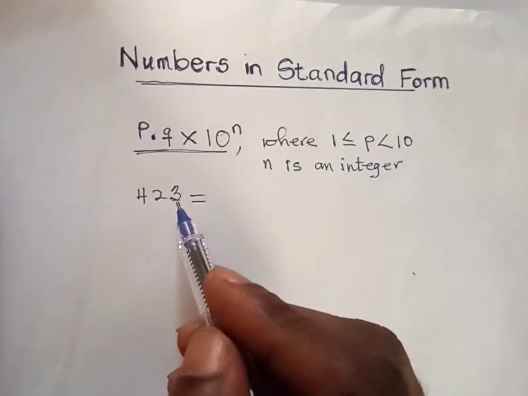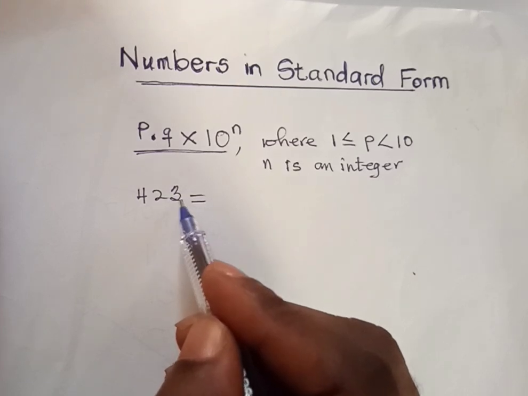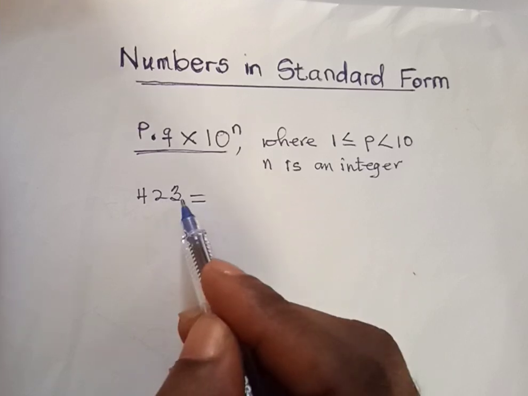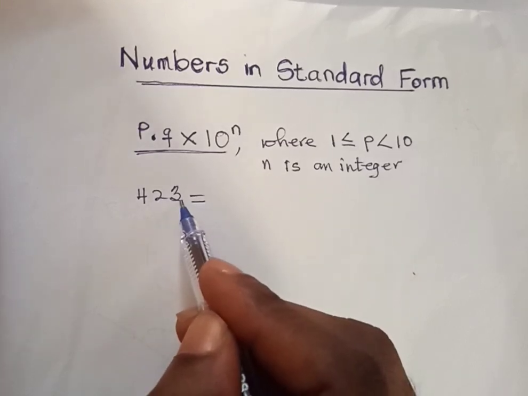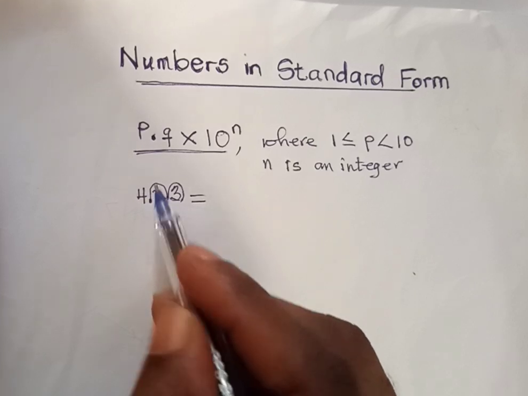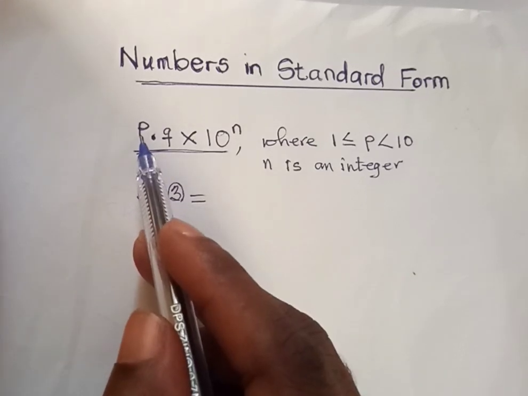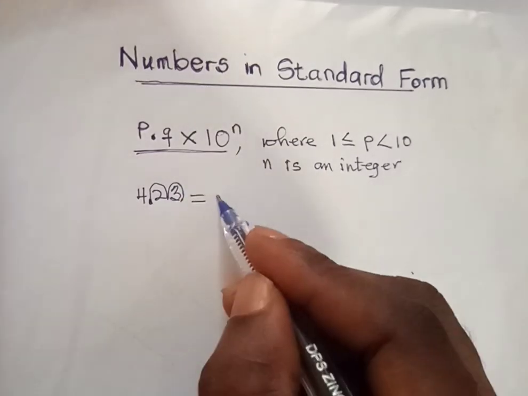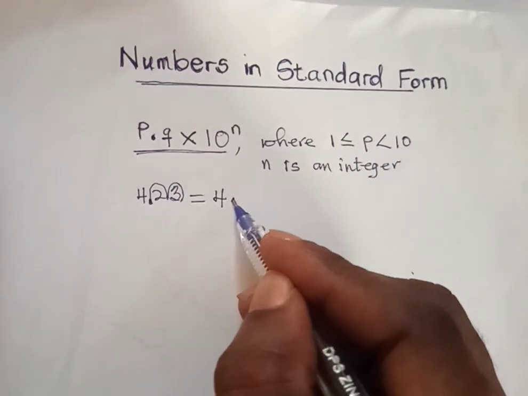I can start by moving from here because the number starts from here and ends here. So I will start by moving from here, 1, 2. When I get here, because I want a number to be p, I will end here, then I'll write my 4, then I'll bring my point.